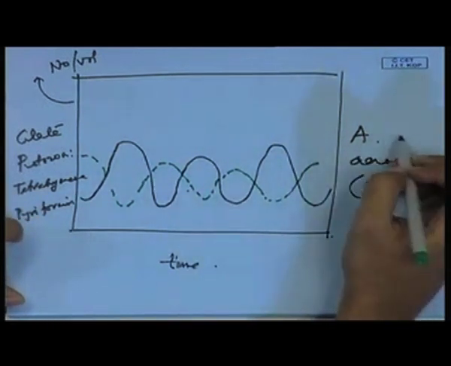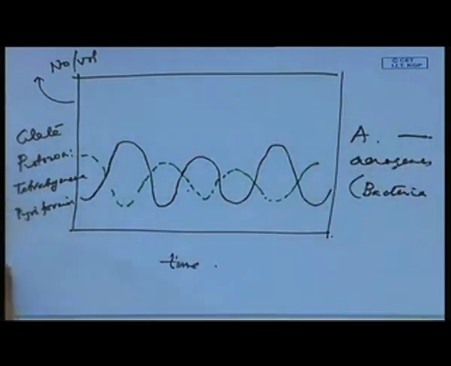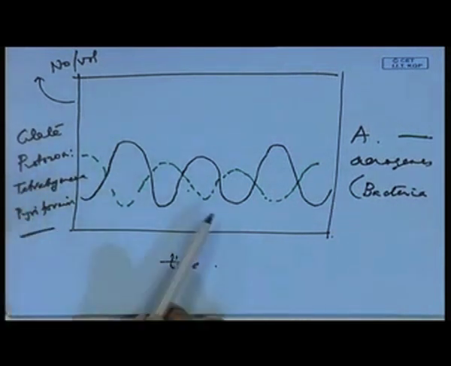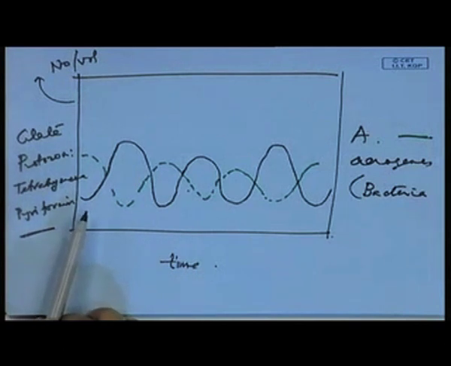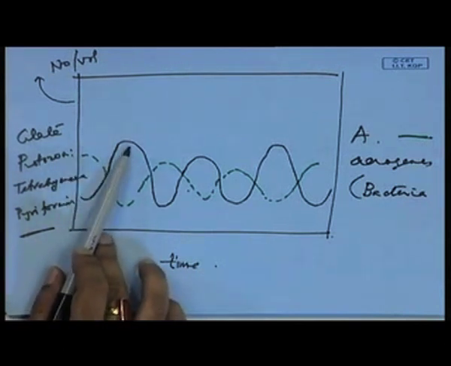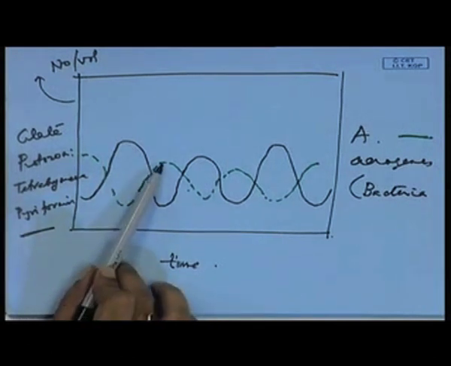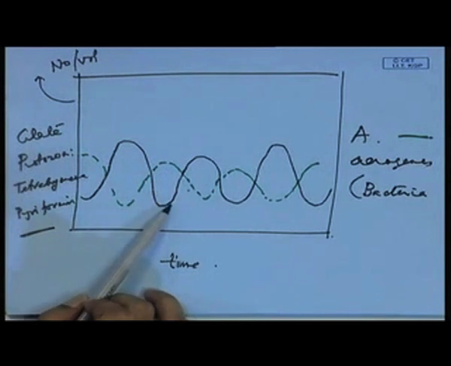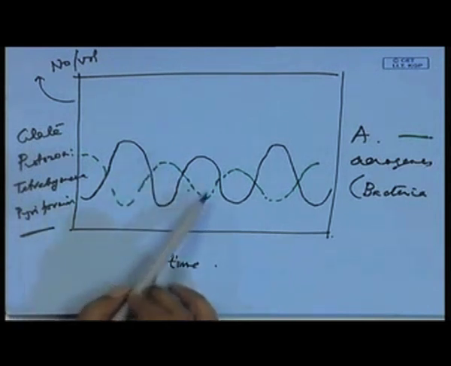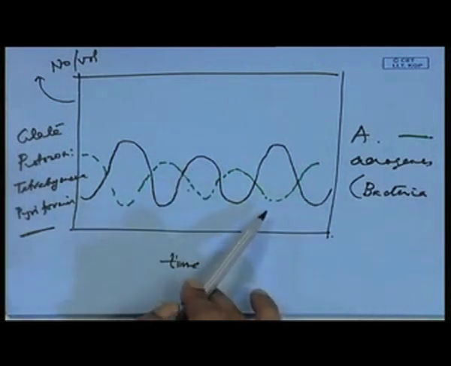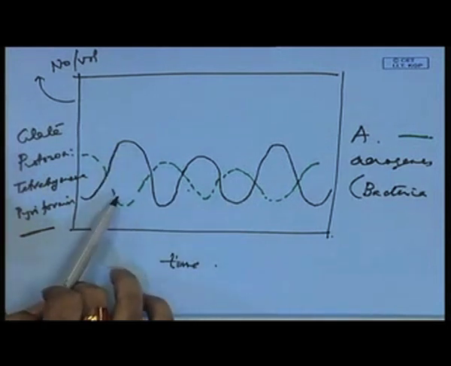So, the green is this one and black is this one. So, what do you notice over here? What you notice is that whenever the concentration of the protozoa is up, the concentration of the bacteria is low. Whenever the concentration of the bacteria is up, the concentration of the protozoa is low. So, they are going through some sort of a cycle where the concentration of these two together is more or less a constant, but when one goes up, the other goes down.